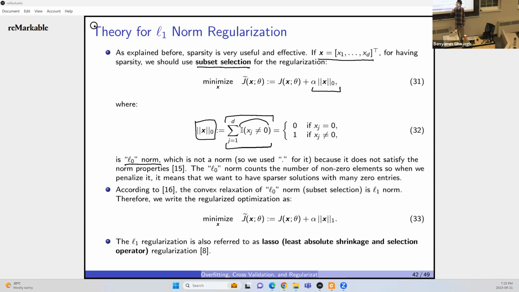As you see, it became discrete, counting the number of non-zero elements. So of course, it's not smooth, it's not convex, it's a pain in the neck, right? It's a big problem because it became discrete optimization. We should make it continuous again. So the convex relaxation of this subset selection is the L1 norm.